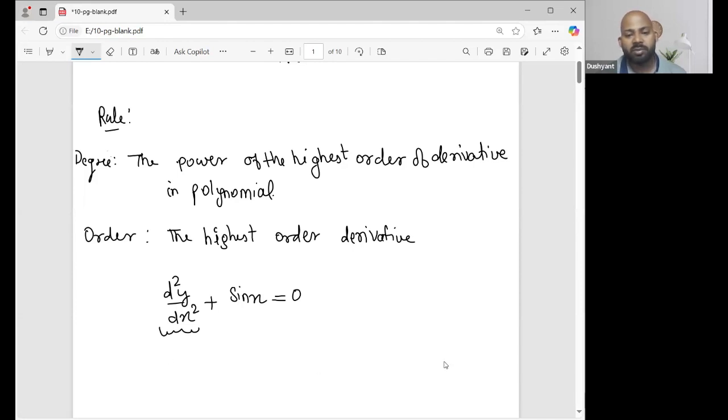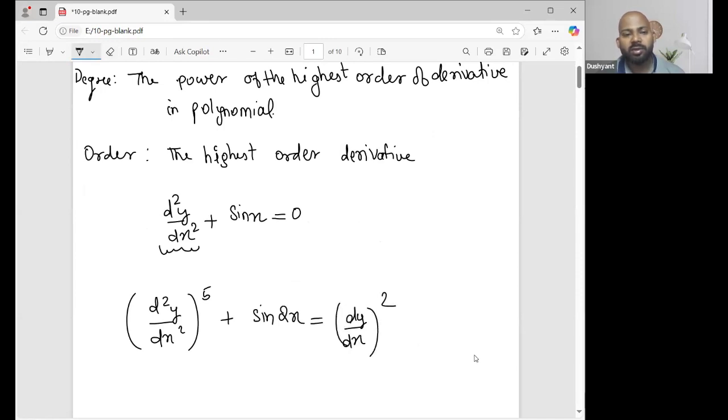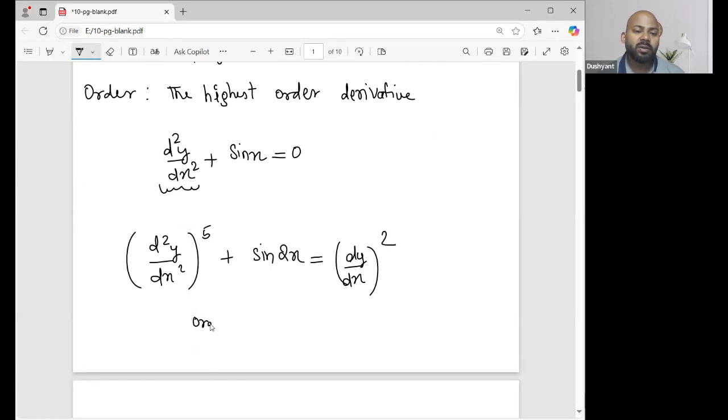I have some equation. Let's suppose del cube y over dx cube, and then whole power 5, plus sine of 2x equals dy over dx whole square. If I ask you what the order and the degree are: order is the highest order derivative.